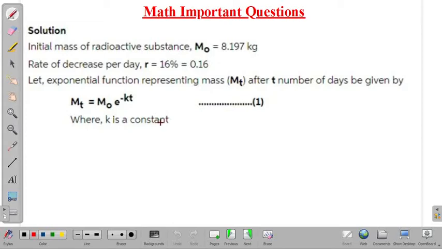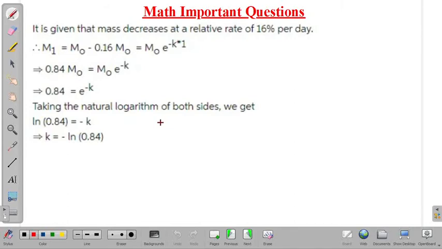We don't know the value of k, but from the given information we can find it. It is given that the mass decreases at a relative rate of 16% per day, which means if today the mass is m0, then after one day it will be m0 minus 0.16 times m0.